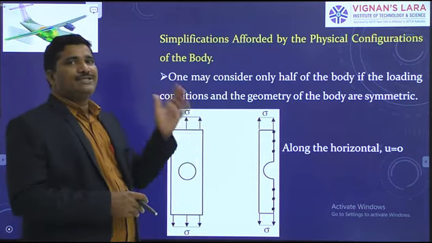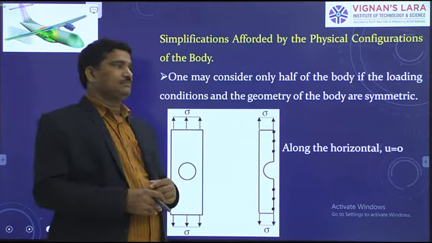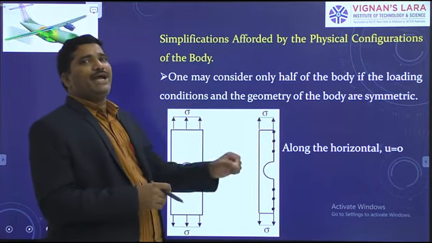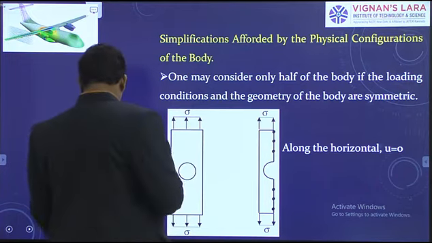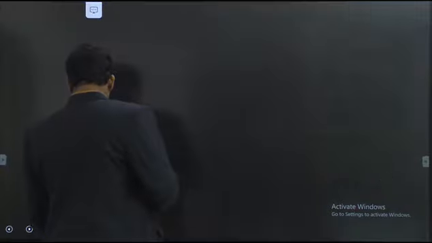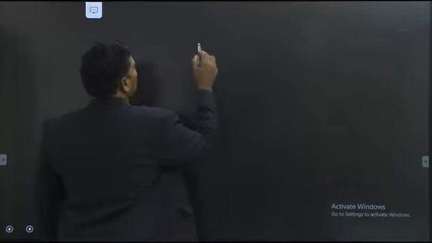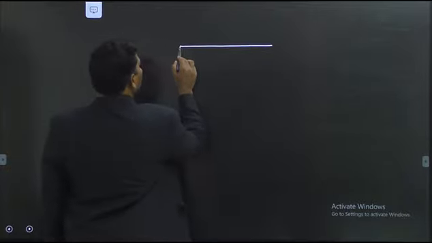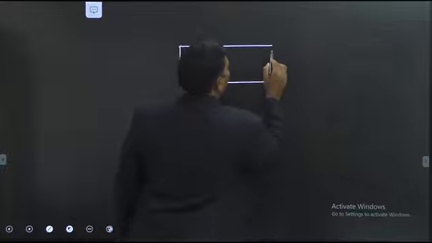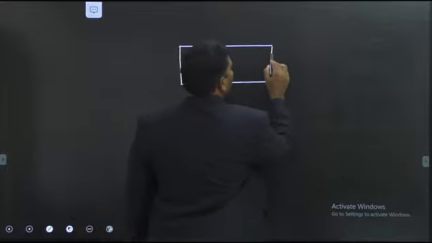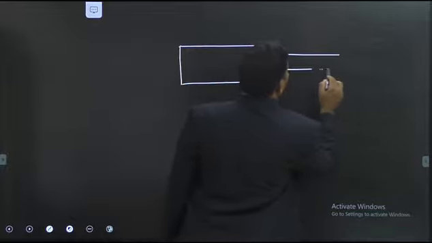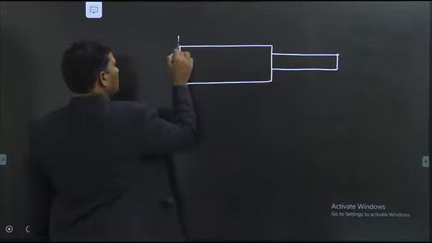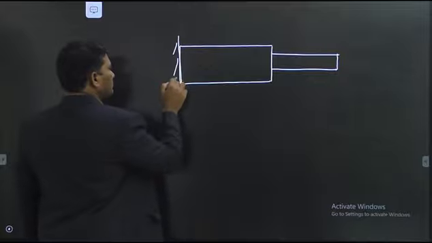We also consider the abrupt change in cross section and see locating the nodes. Now, what I do is I take a bar like this with abrupt change in cross section. This bar has one end fixed.